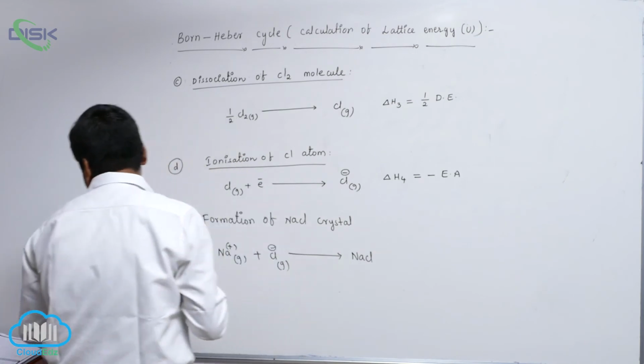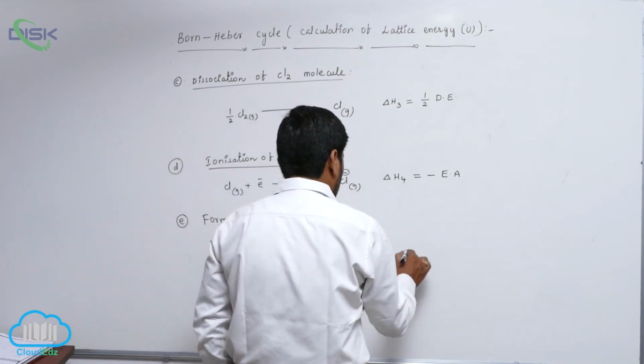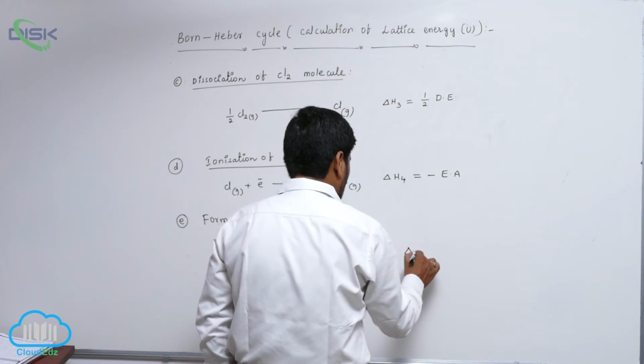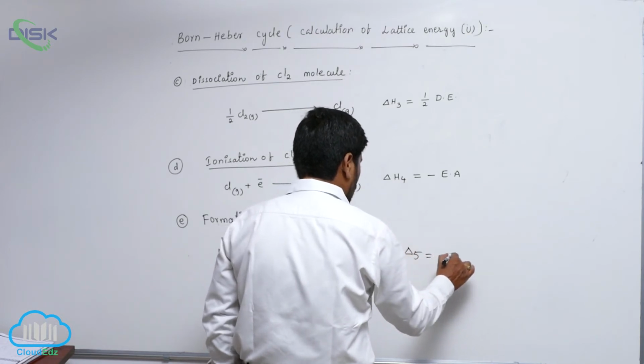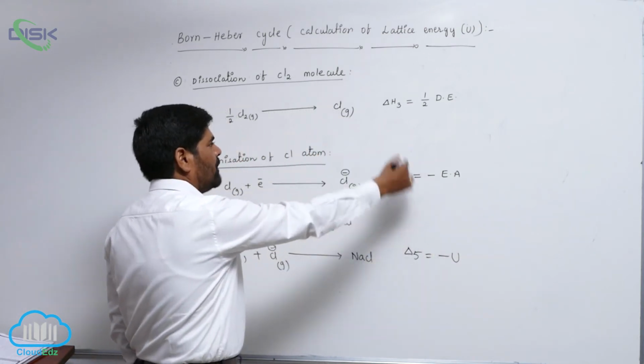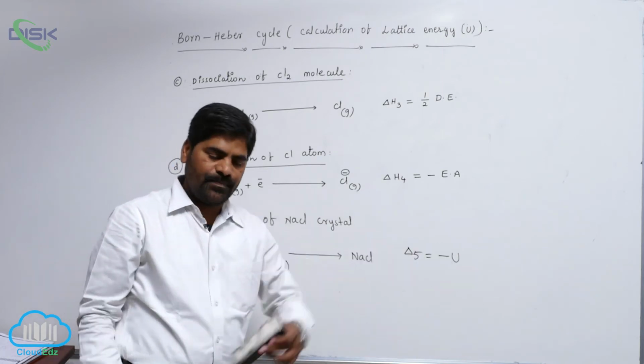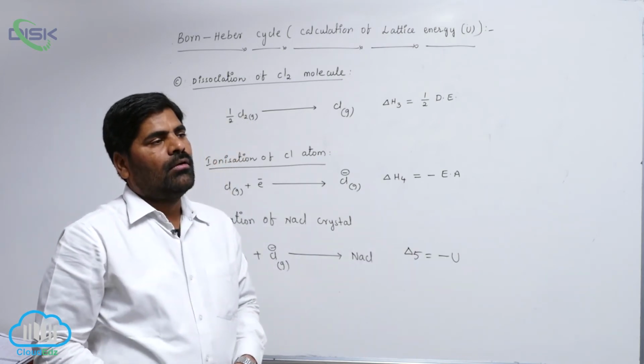Due to this step, some amount of energy is released, this is delta H5 equals minus U. These two are exothermic processes, the remaining processes are endothermic processes.